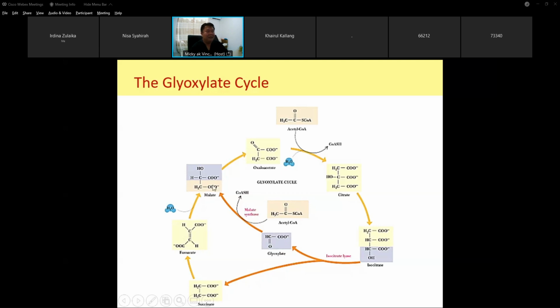Then the malate will combine again to form what? It will form glucose. So malate will combine with oxaloacetate, with acetyl CoA again. It bypasses this one to produce 4. Then this 4 will combine again with acetyl CoA, which is another 2. It will become 6, and this 6 is actually glucose.